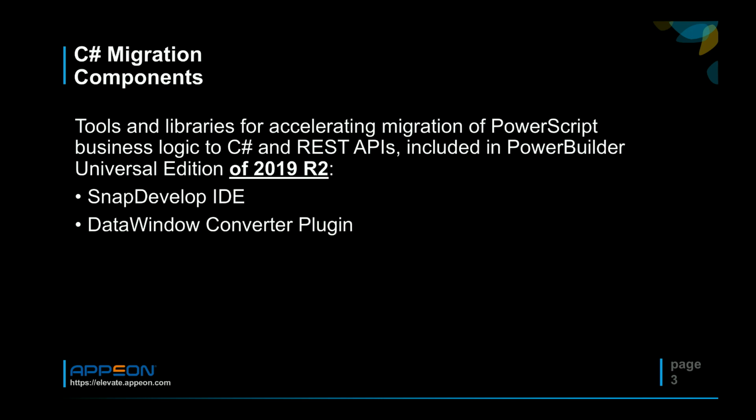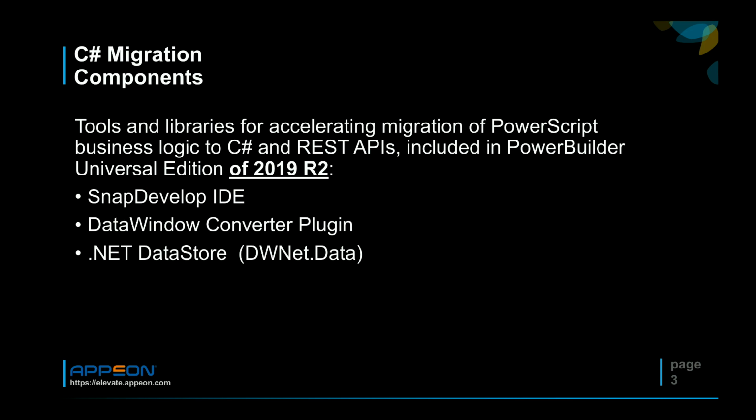Now, the conversion requires a DataWindow converter plugin, because when we're moving your PowerScript to C#, that PowerScript obviously is using the DataWindow, and if your DataWindows aren't converted over to C#, then obviously the converted code is not going to run. So you will need a DataWindow converter plugin, and that's included with the Cloud Edition or higher. So you already have that even if you're not in the Universal Edition, and our solution requires that.